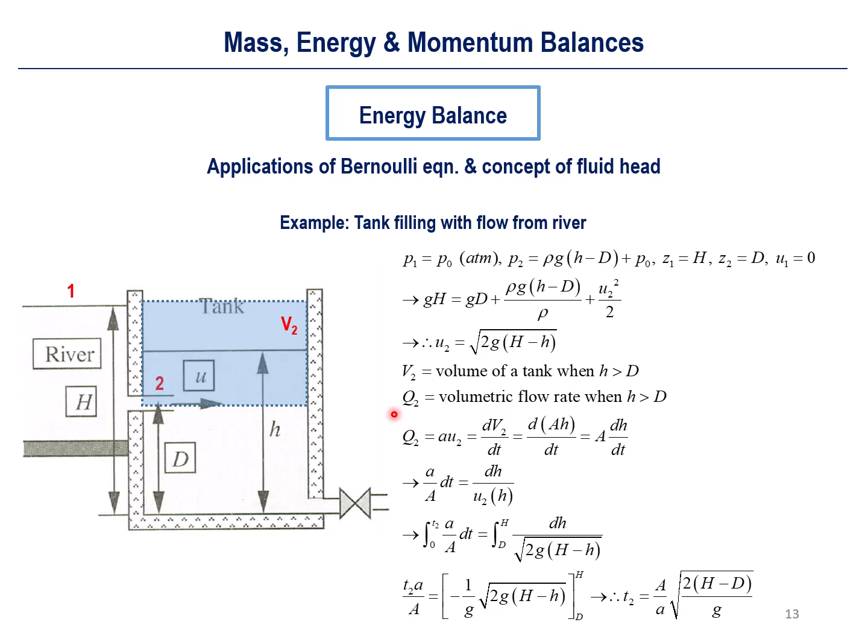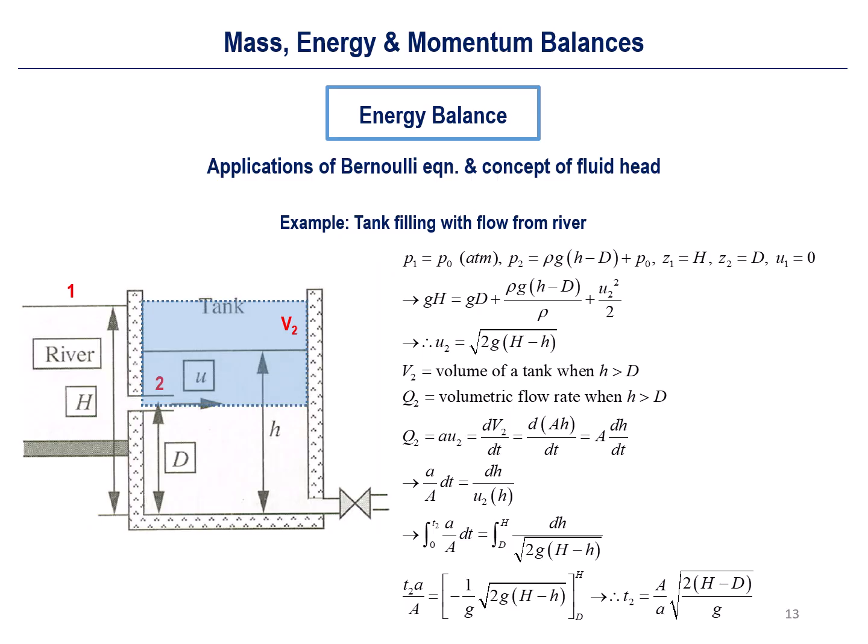And this is quite complicated relative to the previous part, but all you have to do is just integrate on your left-hand side and right-hand side, and you can finally calculate the time to fill the second part, which is equal to large A divided by small a multiplied by square root of 2(h negative d) divided by g.